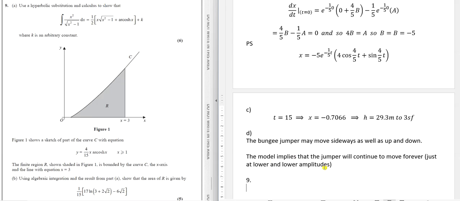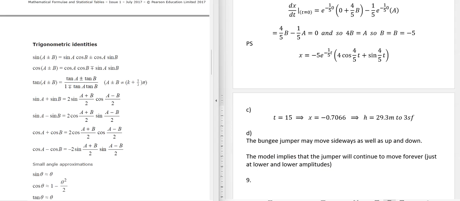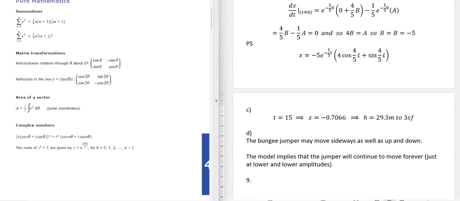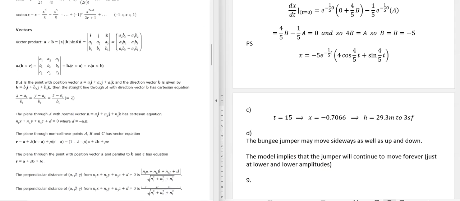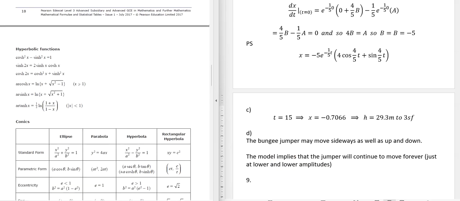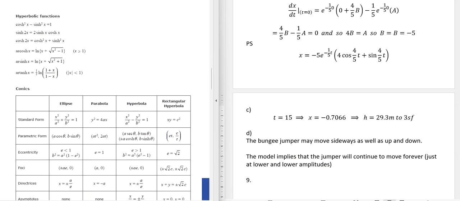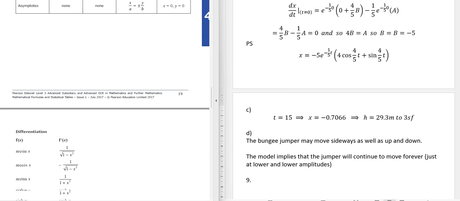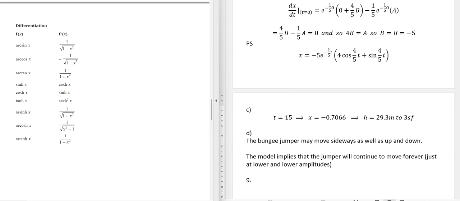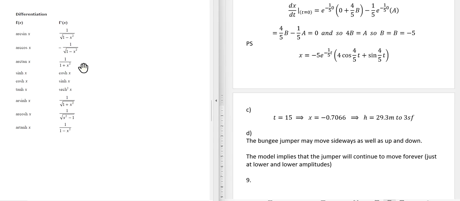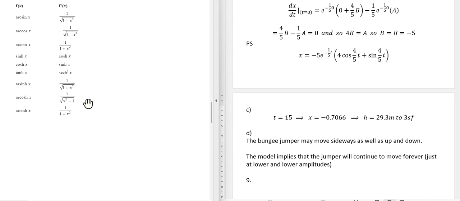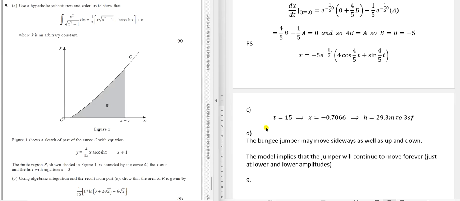Use a hyperbolic substitution. Well, this is where I check the formula book to see what will be the most sensible. The Further Maths formula book will give us various trig substitutions, all of the inverse trig and inverse hyperbolics. So down here we've got 1 minus x squared in a square root, but then x squared minus 1 gives arc cosh, which makes sense.